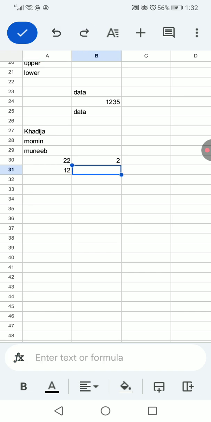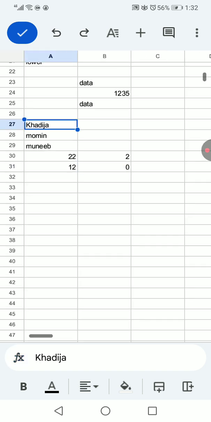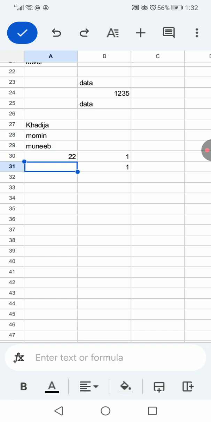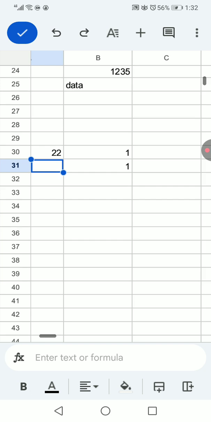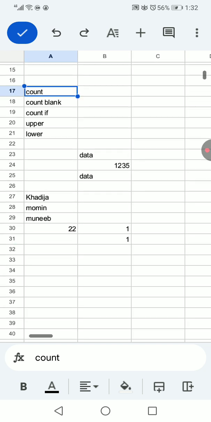What was the result over here? Look, there were 0 blank cells, because among these 5 cells, not a single cell was blank. But as we have deleted this 12, now blank cells are 1. So in this way we have seen count and count blank.